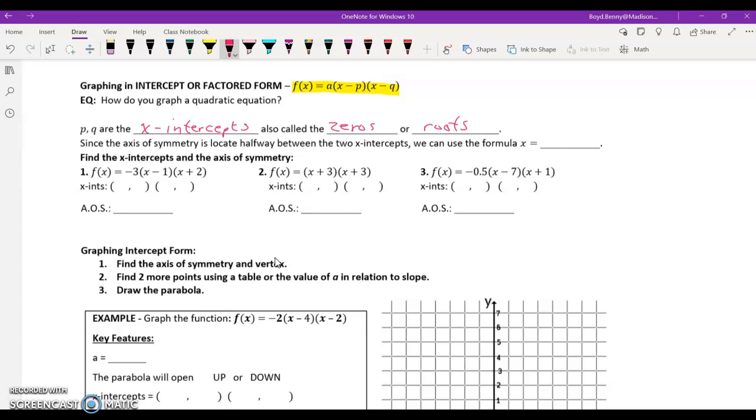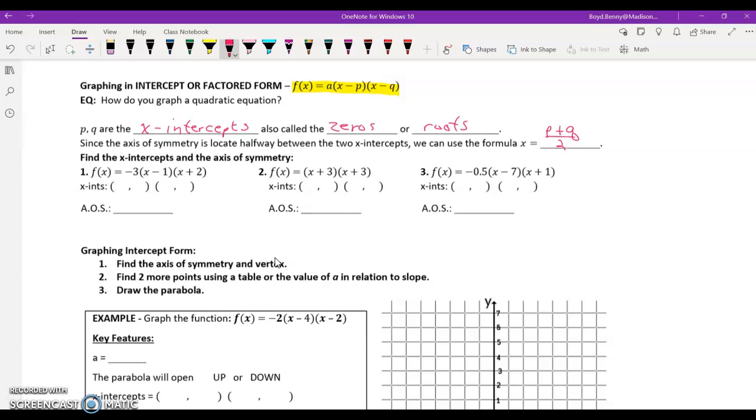Since the axis of symmetry is located halfway between the two x-intercepts, we can use the formula x equals p plus q divided by 2 to find the axis of symmetry.